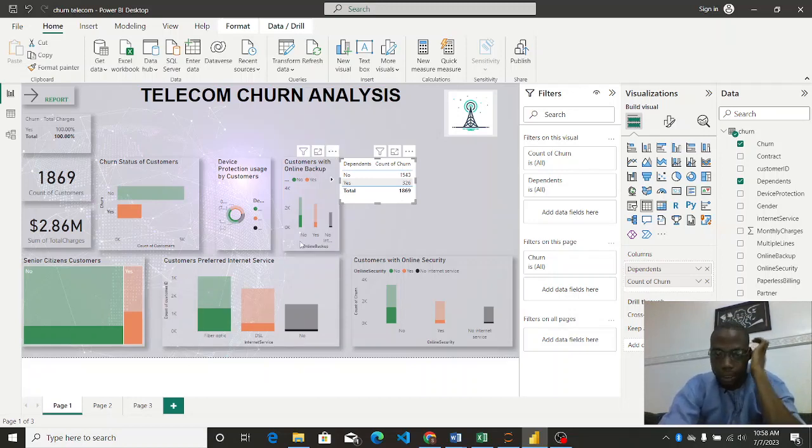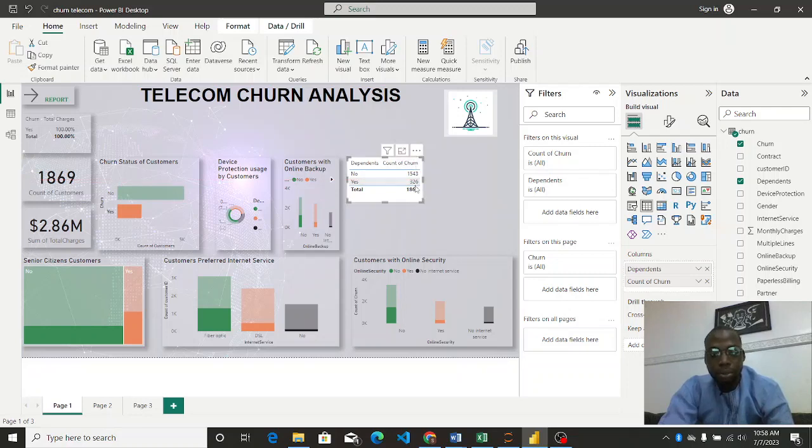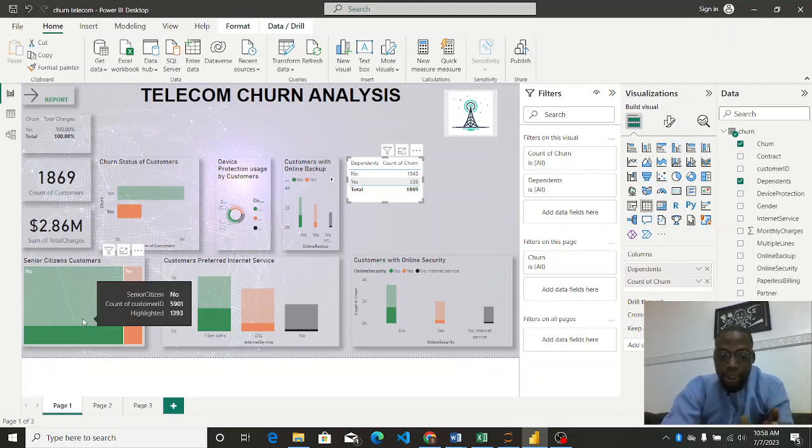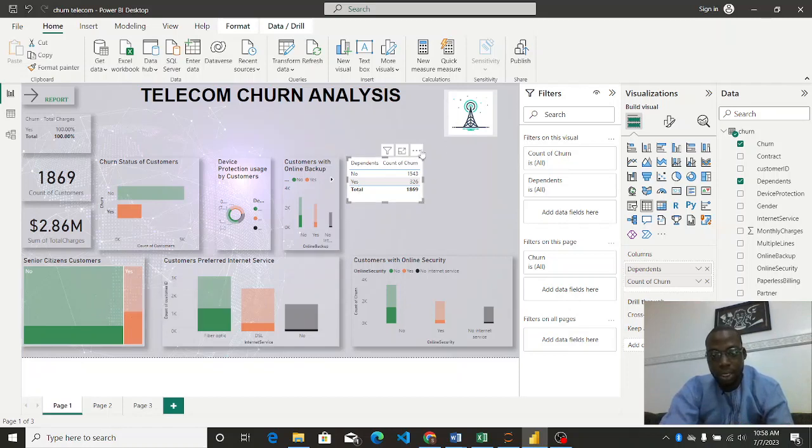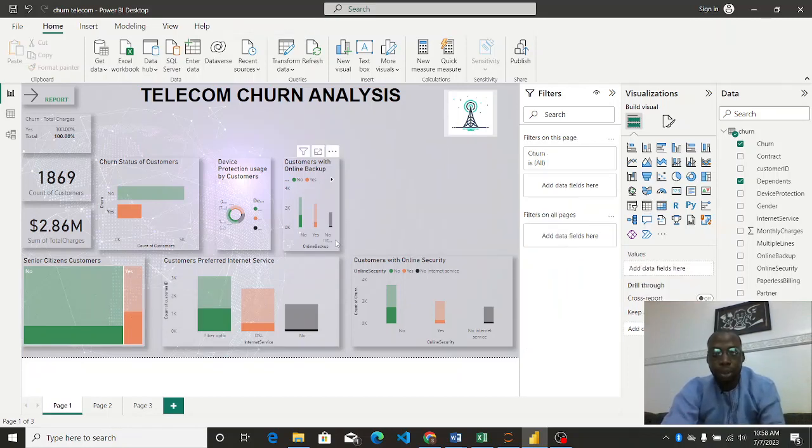A high volume of youths will not have people depending on them, like probably children, stuff like that. Most youths do not. So that buttresses the point that we have more youths than senior citizens. So that's why I can't make this a primary metric, but a secondary metric.